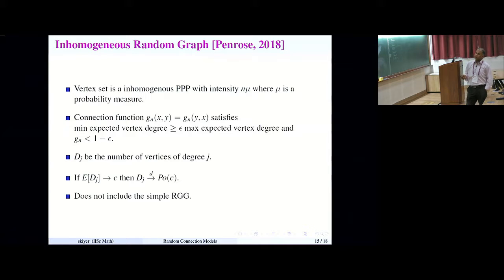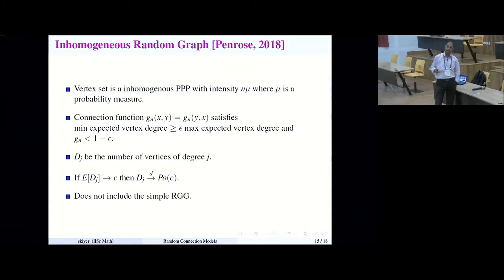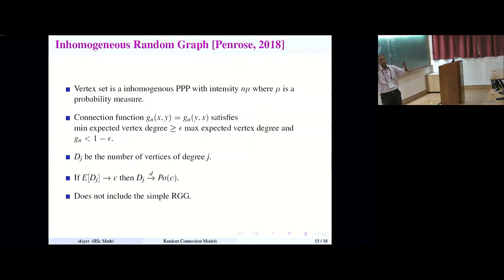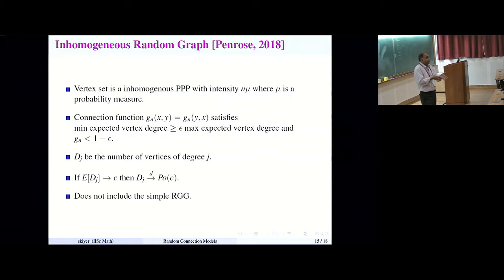But then what you need is that for all n, your minimum expected degree, right? You go to any point and the number of points it connects to is an inhomogeneous Poisson process with a certain intensity. The ratio of the minimum and maximum expected degree should be bounded away from 0.